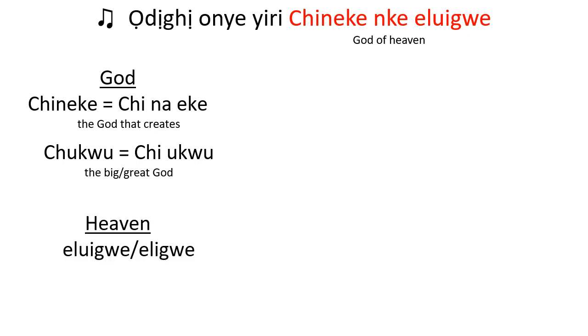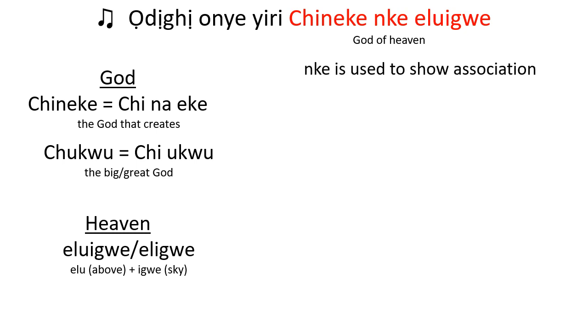Eluigwe or eligwe is the word for heaven and comes from the combination of elu, which means above, and igwe, which means sky. Above the sky is heaven. Nke is a word that is used to show the association of one thing to another. So Chineke nke eluigwe is the God associated with heaven, or simply the God of heaven.